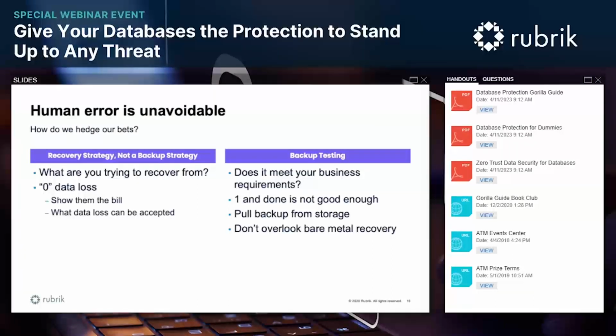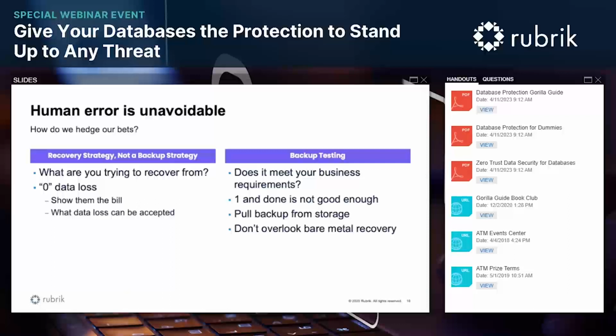Another thing that might come up is how most business owners and system owners will say they want zero data loss. Well, when they say this, it becomes our job to research what that will cost. And when we figure that out, we need to show them the bill. Because when they see the bill, they may say, you know what, yes, this data is absolutely worth it.